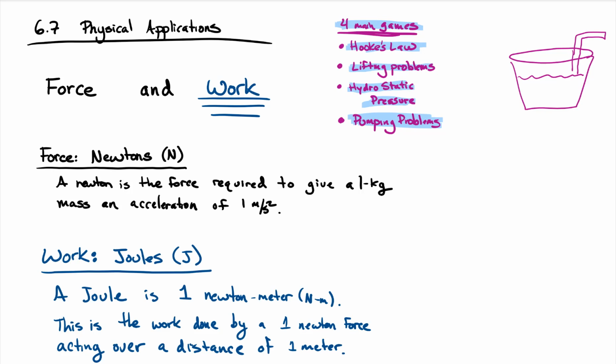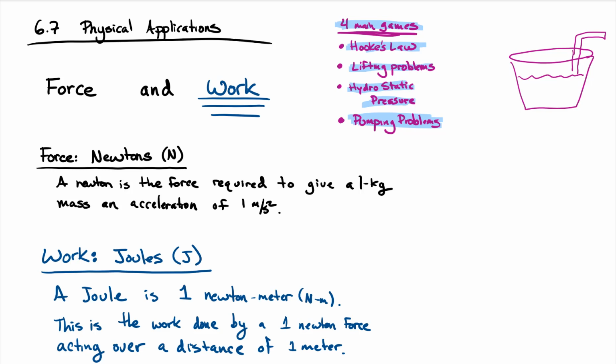But since we're science people, you know what I mean, STEM majors, let's talk about the metric system. So we're going to talk about newtons. Newtons are a unit of force. A newton is the force required to give a 1 kilogram mass, so an object that maybe weighs 1 kilogram, an acceleration of 1 meter per second squared.